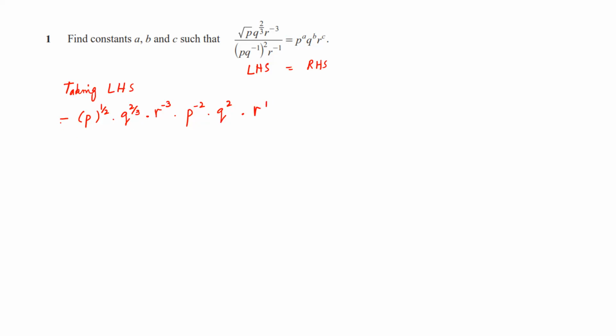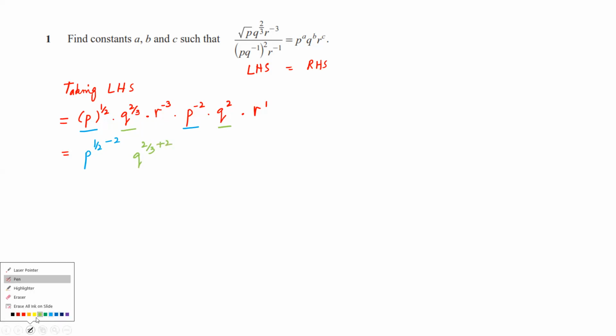Now we add the similar powers. For P, we have P raised to power 1 by 2 plus minus 2. For Q, we have Q power 2 by 3 plus 2.